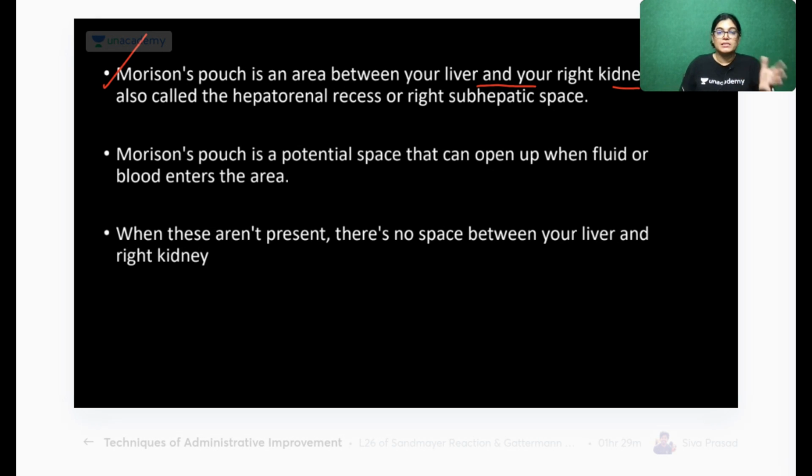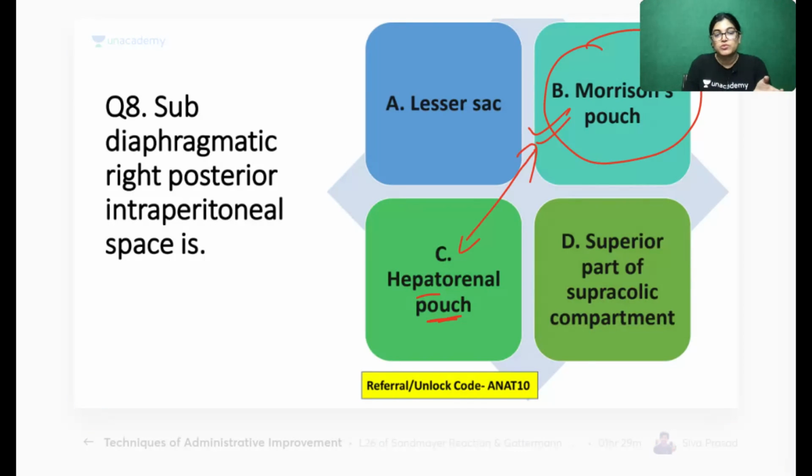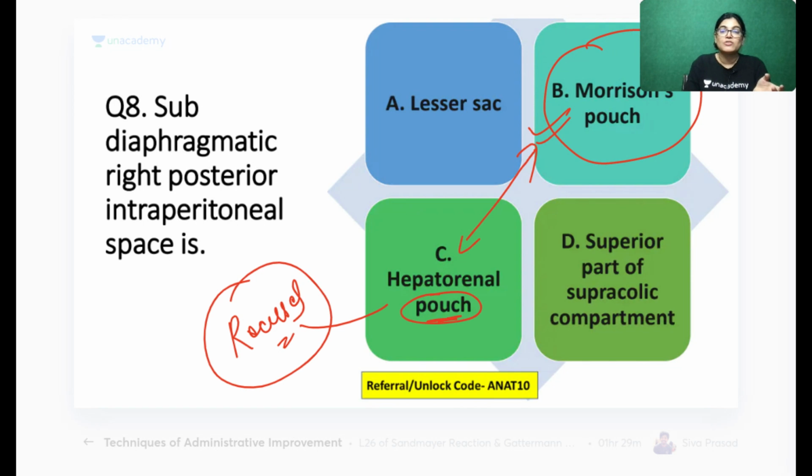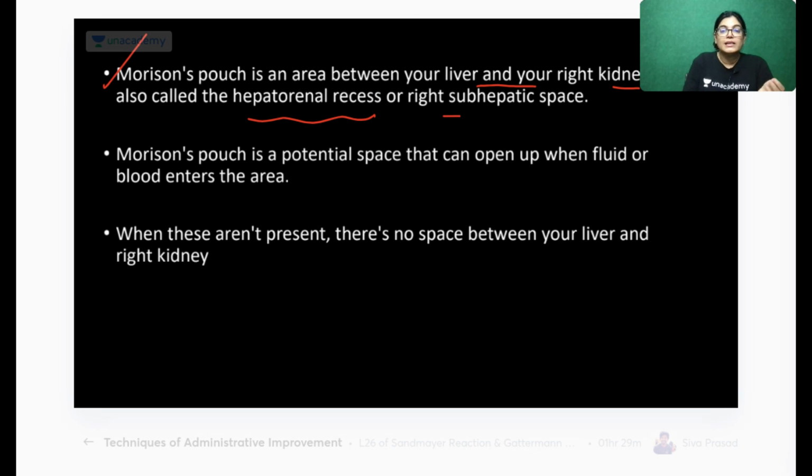The other name of Morrison's pouch is hepatorenal recess. Here the word hepatorenal pouch was used; if recess had been used, hepatorenal recess would have been more correct. Another name is right subhepatic space. So these are the names given to the hepatorenal pouch of Morrison.